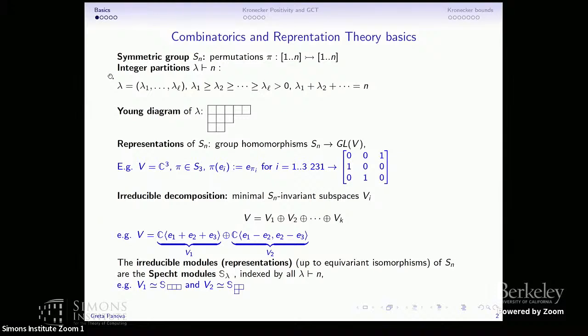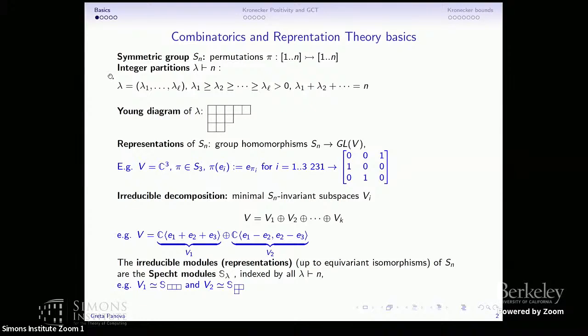So for example, for this representation, there are actually two irreducible representations. You can verify immediately that the vector space spanned by the vector 1, 1, 1, where e1, e2, and e3 are the elementary basis vectors, is an invariant space, and here is the other one.